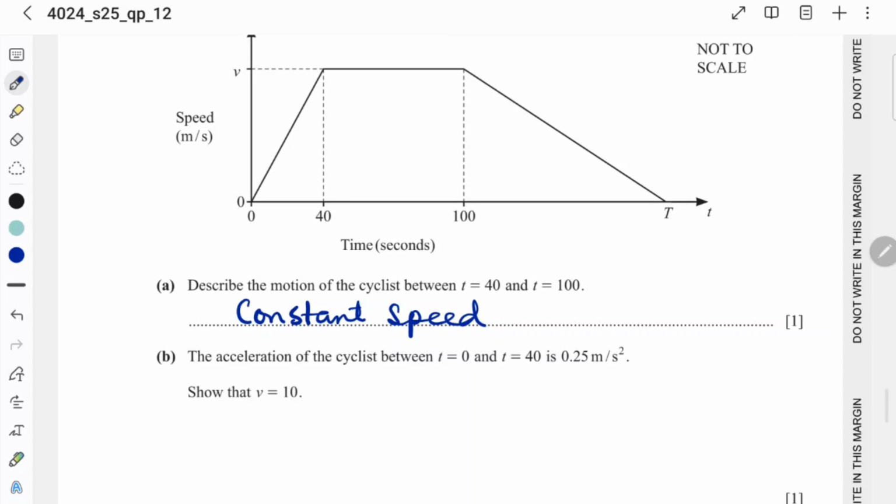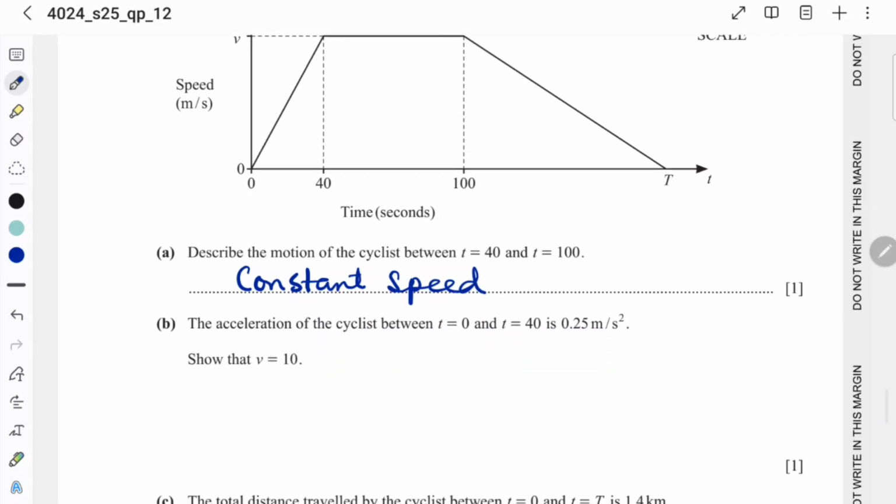Okay, now the next part, the acceleration. We find the acceleration with the gradient, and the distance we can find with the help of the area under the graph. The acceleration of the cyclist from t equals 0 to 40 is 0.25, meaning a quarter. Show that v equals 10.